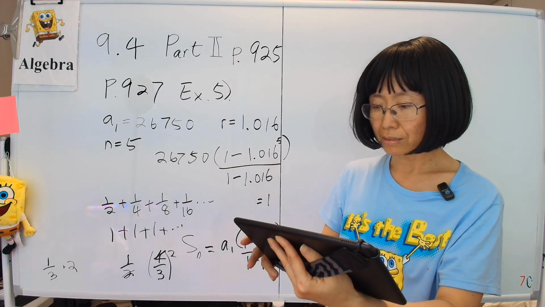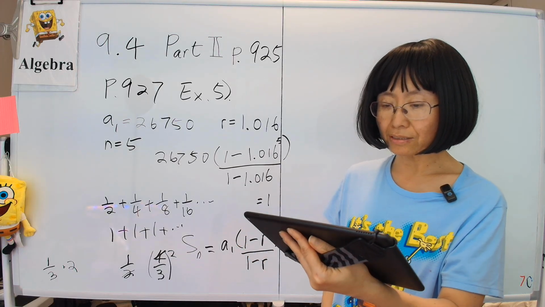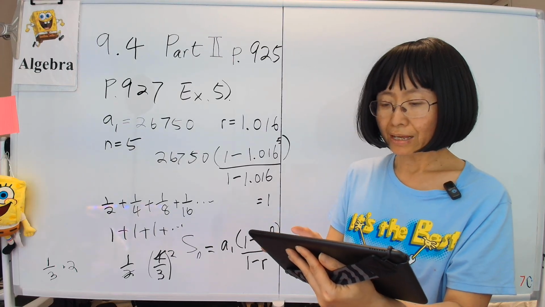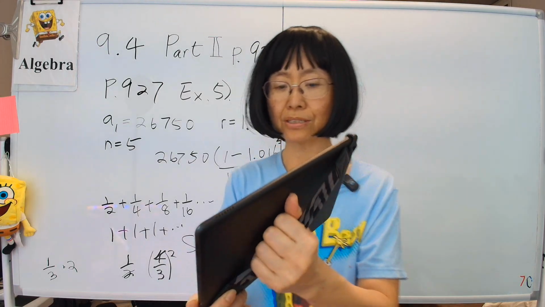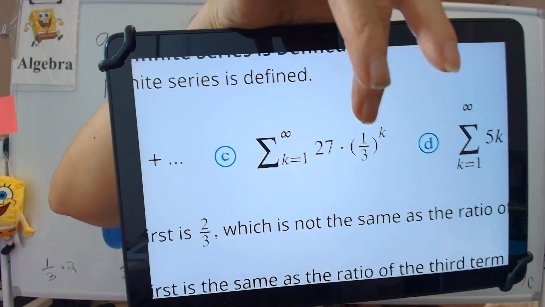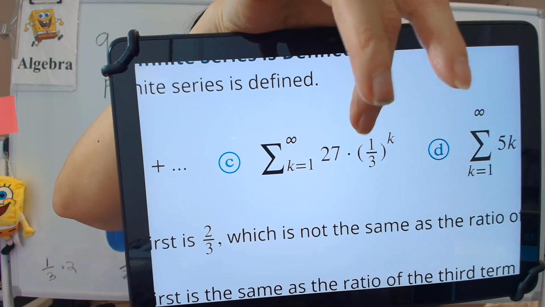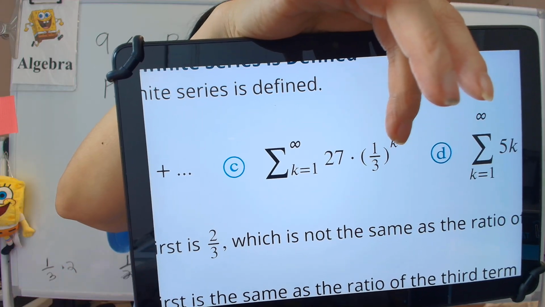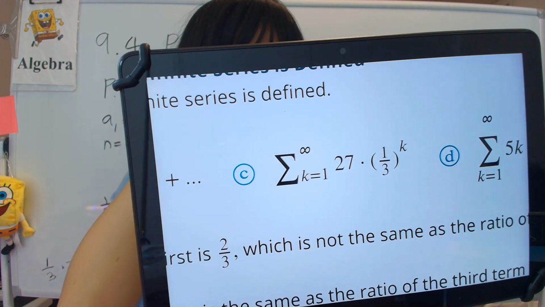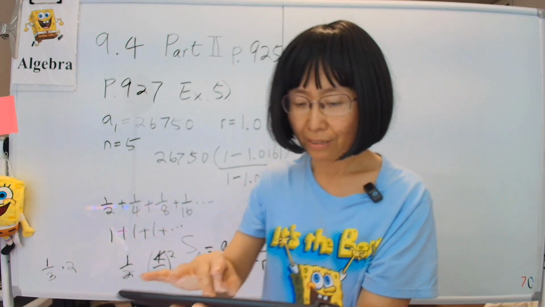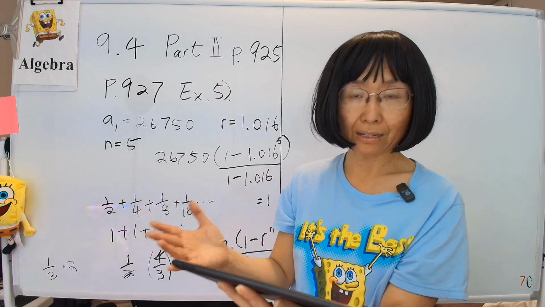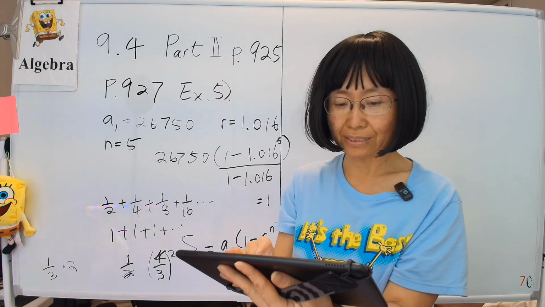And then the third situation where we have the sum of k equals 1, and this is a geometric series because we notice that this number right here is the ratio, being raised to the power k. And the ratio is 1/3. If the ratio is 1/3, then it is a geometric series, and it does converge, so it's defined.